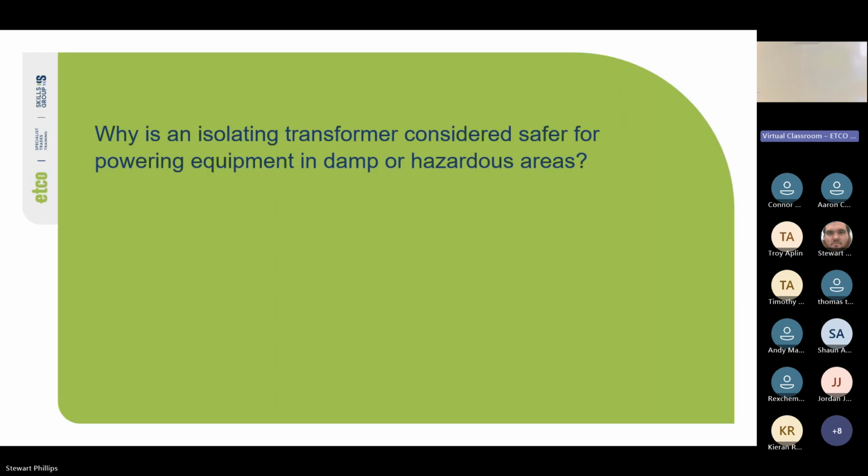Cool. So why is an isolating transformer considered safer for powering equipment in damp or hazardous areas?